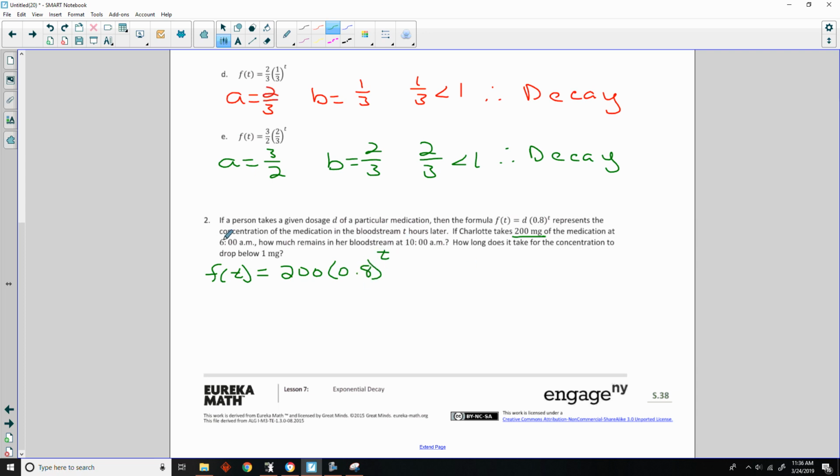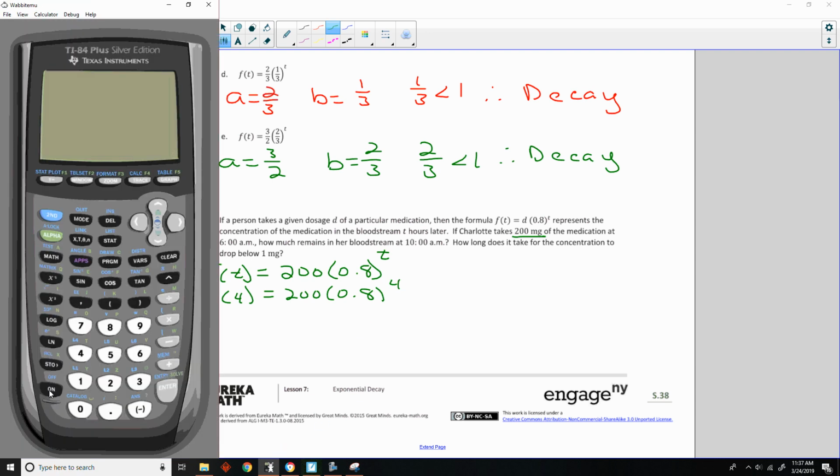Well, she took the medication at 6 a.m. and they want to know how much remains in her bloodstream at 10 a.m. Well, that's 4 hours later, so we're looking for f of 4. So that would be 200 times 0.8 to the 4th power. And when I get my calculator out and put that in, 200 times 0.8 to the power of 4, then I get 81.92.